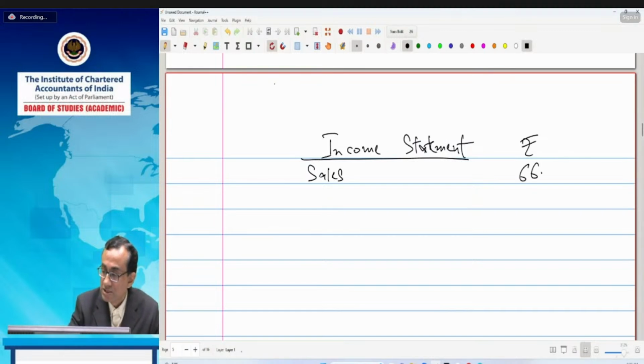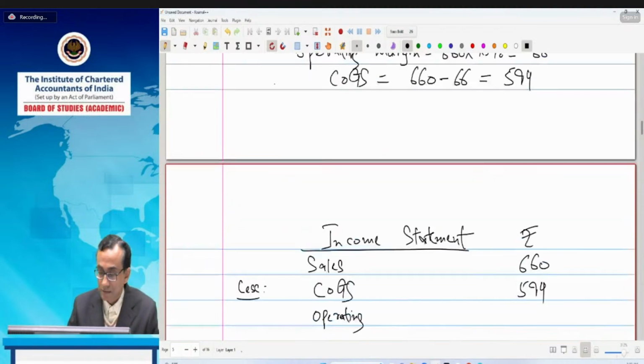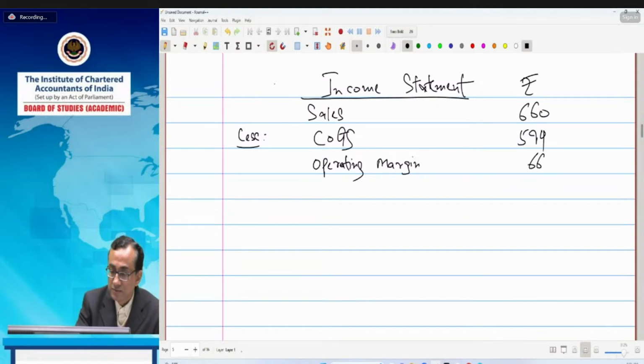We have calculated 660, less COGS, cost of goods sold, we have calculated 594. Then what we arrive at is operating margin. So it is 66.